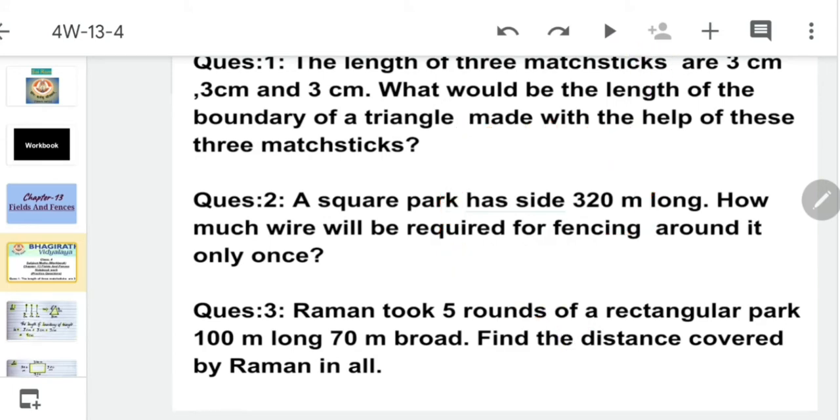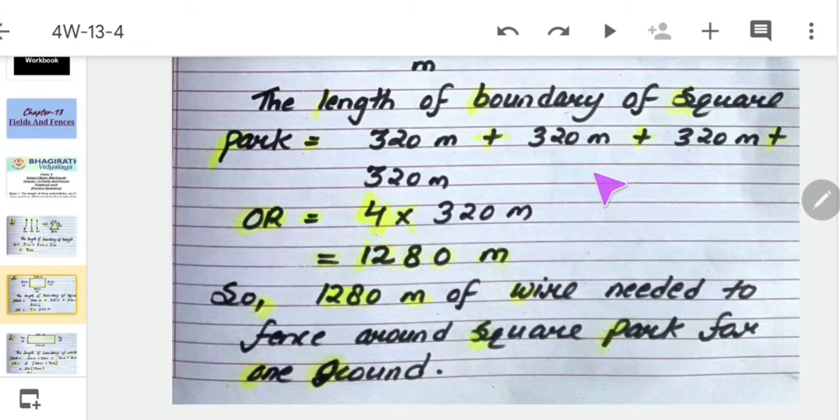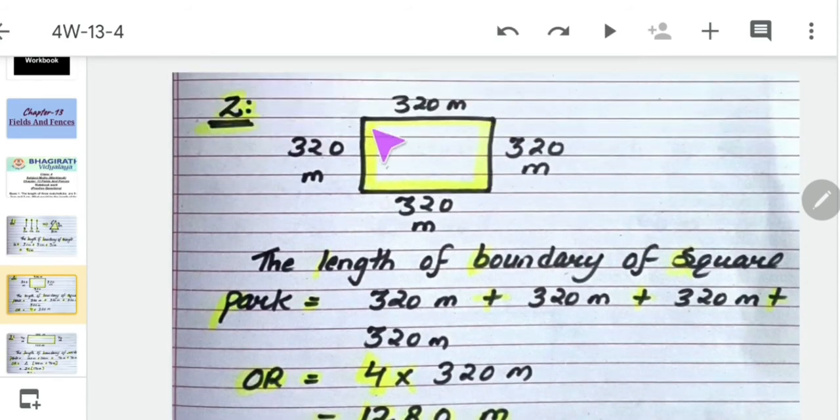That means we have to find the length of the boundary of this square park, and the length of the boundary of this square park is the same as how much wire we need to fence around it only once. So let's see how we have to do it. Suppose this is our square park and all its sides are 320 meter each.